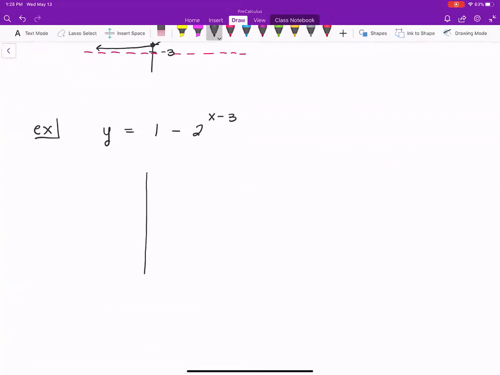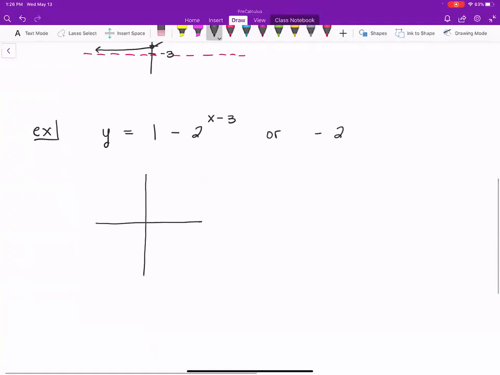So the transformations would be that we would move up 1 unit, because writing it like that would be the same as writing it as -2 to the x minus 3 and then plus 1.